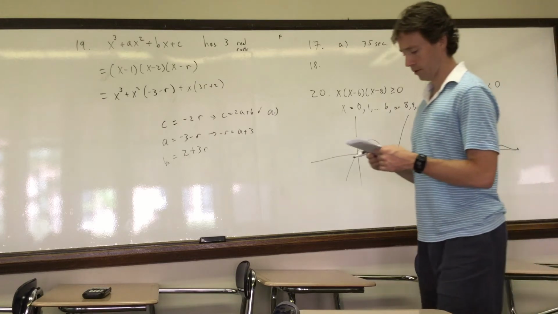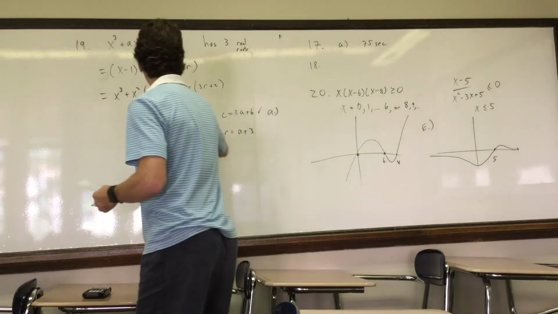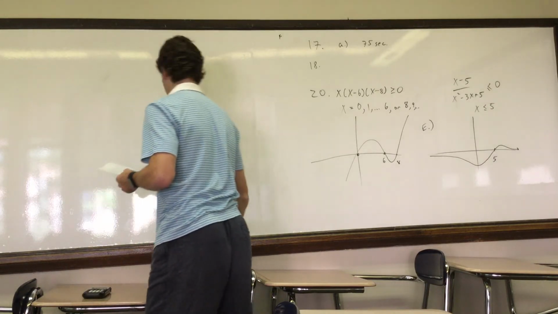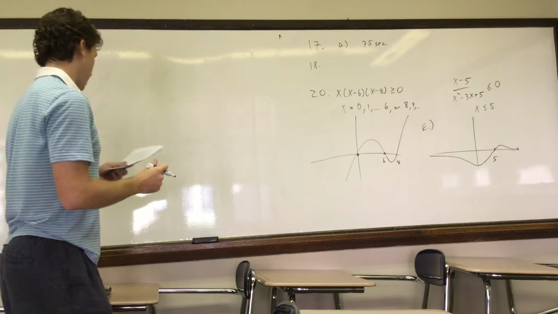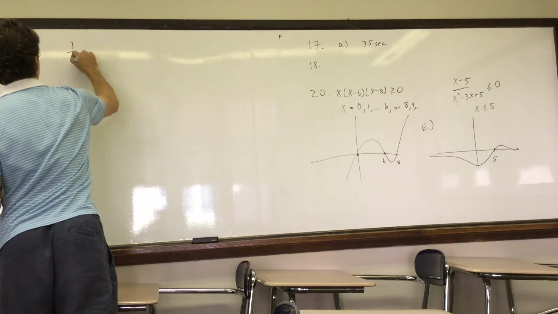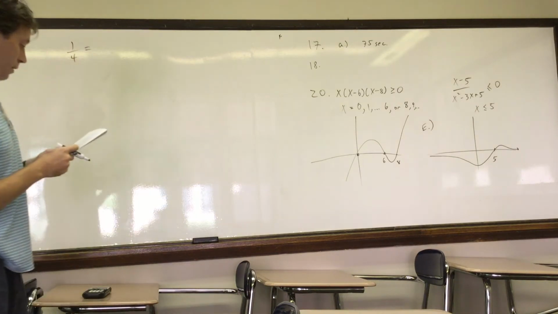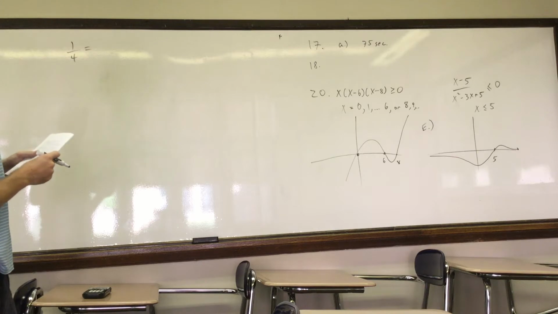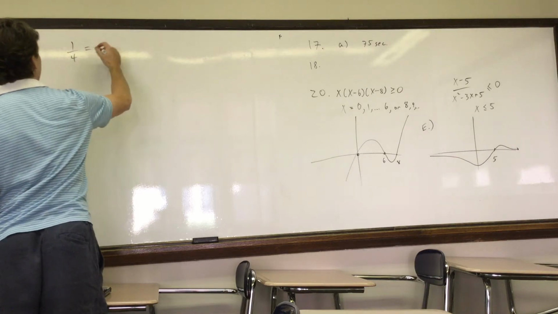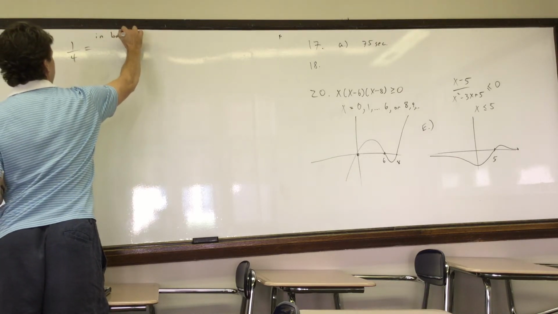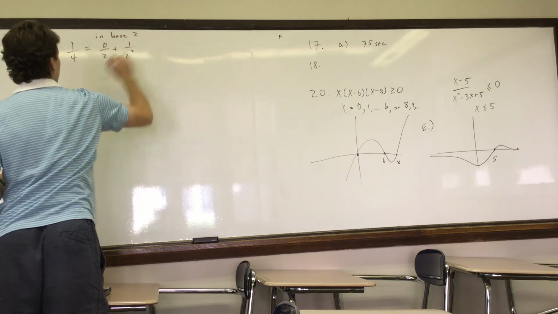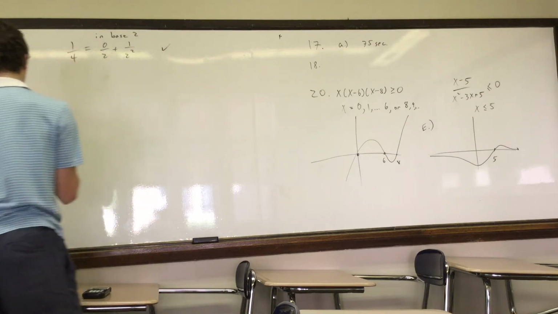Okay, so let me think about bases. If I want to expand in base B, then in base 2 it's going to be 0 halves plus 1 over 2 squared, and we're done.